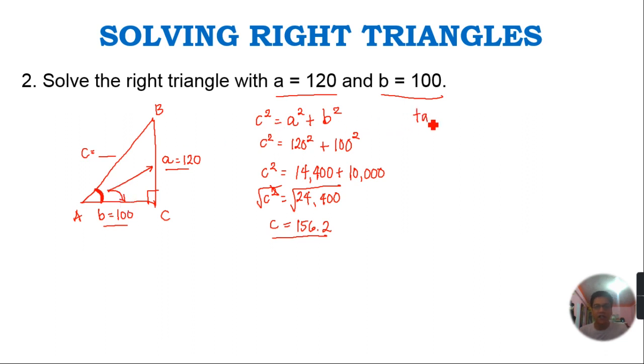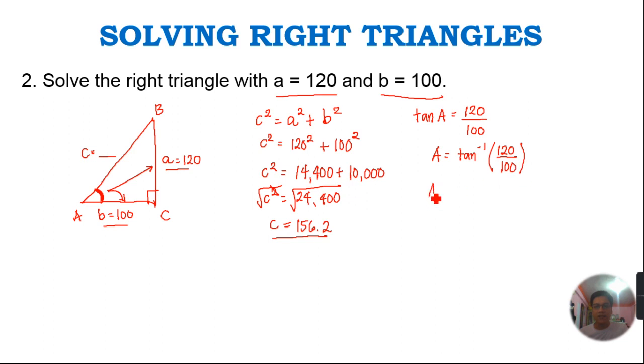So tangent A is equal to 120, so TOA, over 100. Now we learned already that if we solve for the value of the angle, we get the inverse. So that would be A is equal to the inverse tangent of 120 over 100.